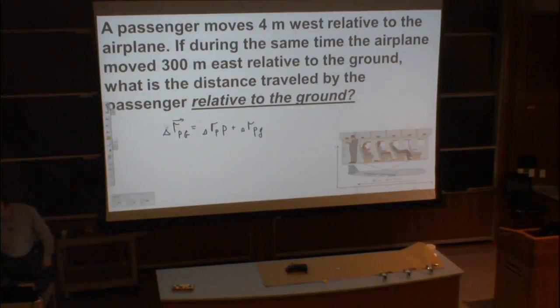In general, for any type of a displacement, we use symbol delta R. However, for a one-dimensional motion, we can replace R with X. We can just rewrite the same equation.